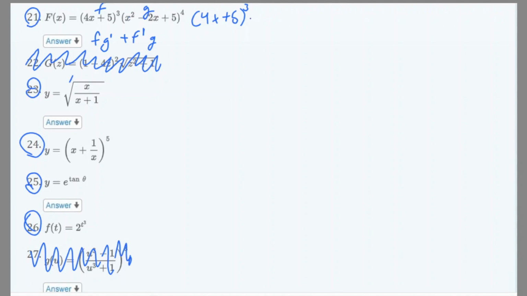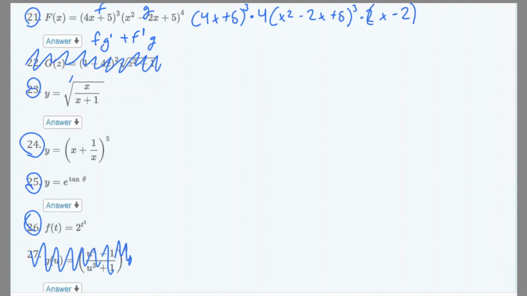So it's going to be multiplied by 4 times (x squared minus 2x plus 5) to the 3rd power multiplied by the derivative of the inside function, which is going to be 2x minus 2.